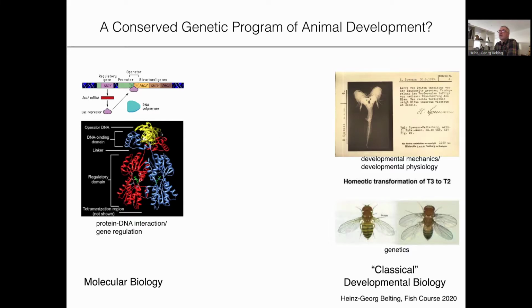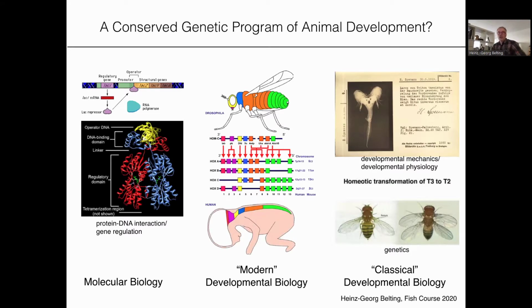On the other hand, since we had molecular biology because of restriction enzymes and people were studying protein DNA interactions very extensively, molecular biology and developmental biology were separated fields. And that changed in the 80s when people discovered the Hox genes and suddenly could connect molecular biology, the work of how transcription factors work, and integrate that into a functional network of how these gene interactions were responsible for forming these organisms.